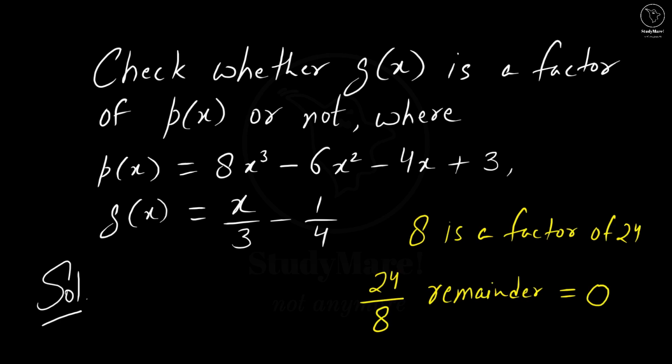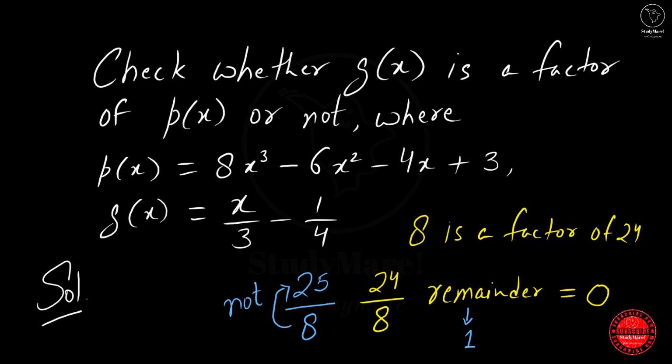If the remainder would not have been 0, for example, instead of 24, if I would have taken 25, then 25 divided by 8, 8 3s are 24, and in this case, the remainder would have been 1. So here you know that 8 is not a factor of 25, while 8 is a factor of 24.